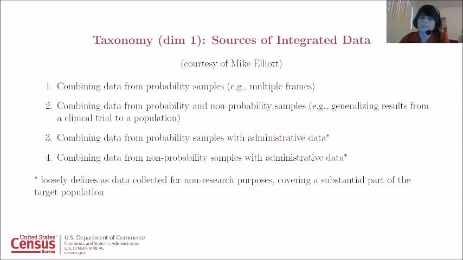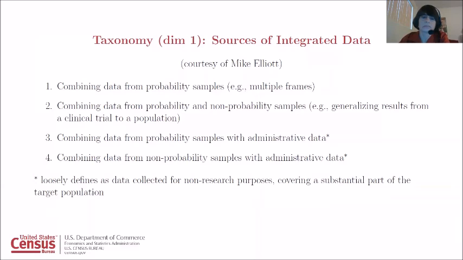A third source is when you have probability samples and administrative data. Administrative data we're loosely defining as data collected for non-research purposes, covering a substantial part of the target population. Or you could be combining data from non-probability samples and administrative data. So that's the first dimension.